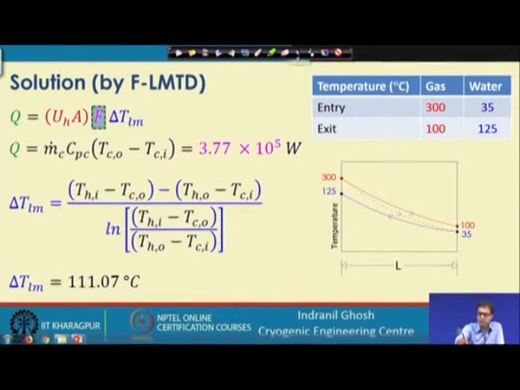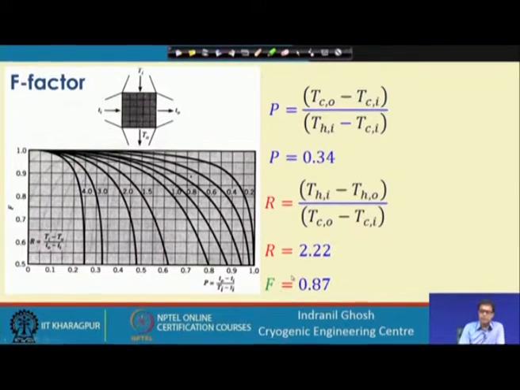Now, if we look into the calculation of the F factor, we have to look for the correction factor for this configuration, where both the fluid streams remain unmixed. In our configuration we have been told that both the fluid streams are not mixing with each other.